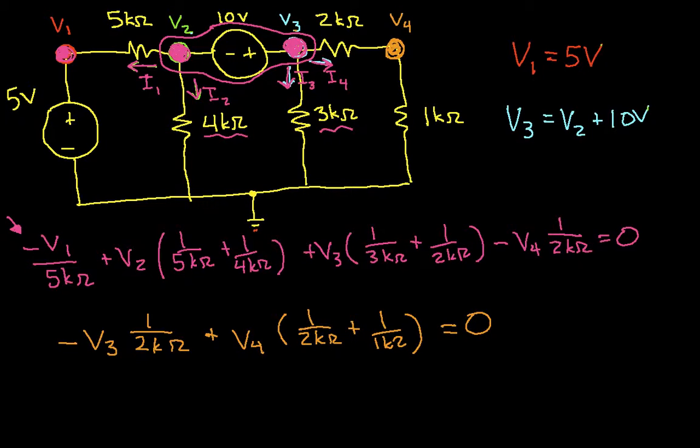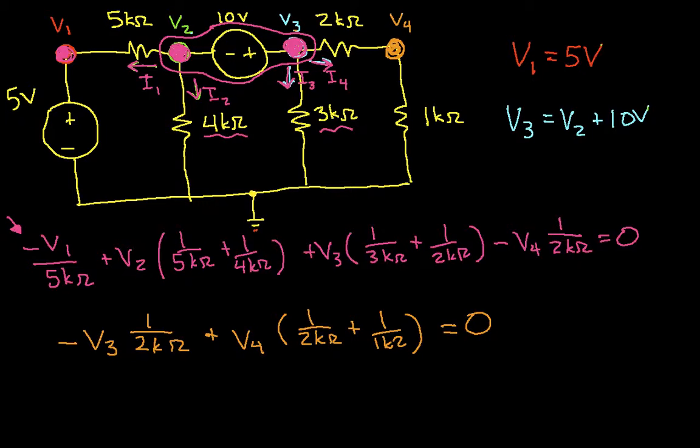So that is the set of equations that we need. We have 4 unknowns, V1 through V4. We have 4 equations in these 4 unknowns. So now the only thing left to do is apply our favorite solver for equations to get the answer.